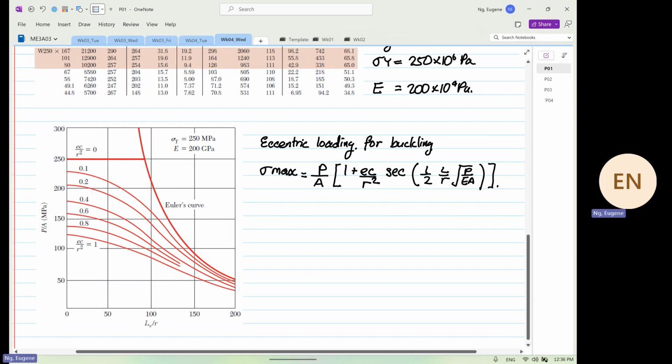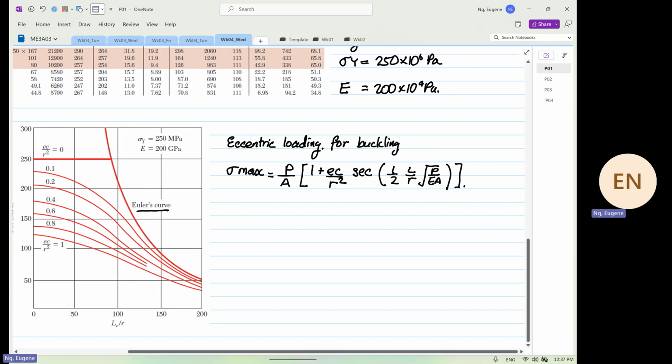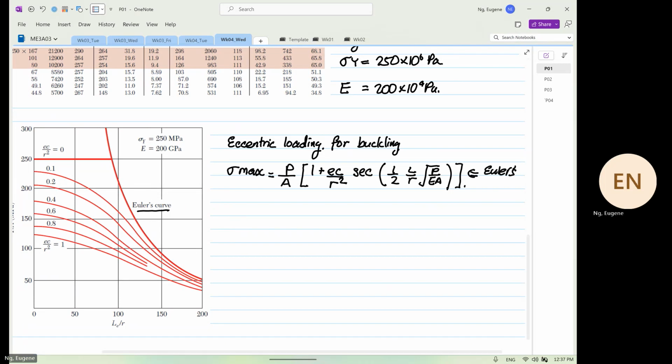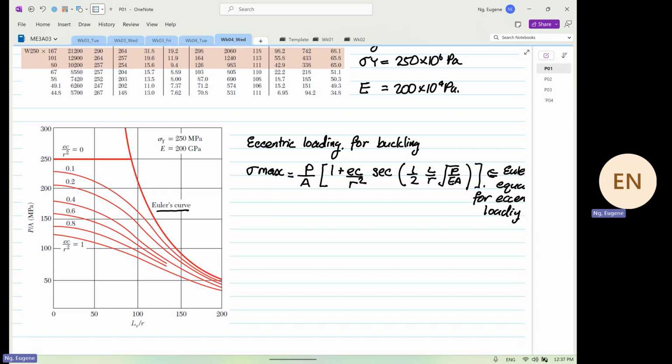Now, if you look at this table over here, this table is drawn from Euler's equation. So over here, this is also known as Euler's equation for eccentric loading. Okay. So this graph over here has a lot of terms that are related to maximum stress.